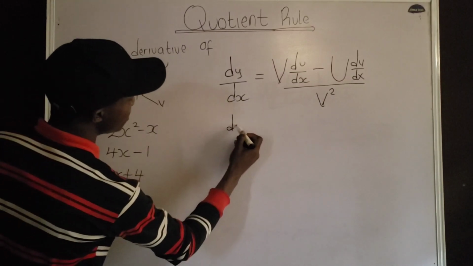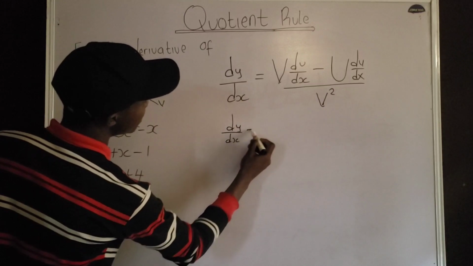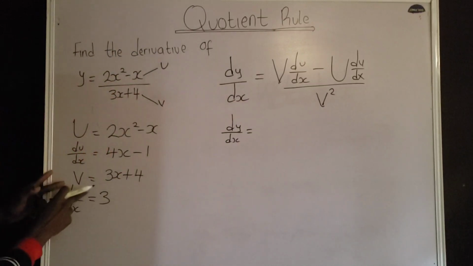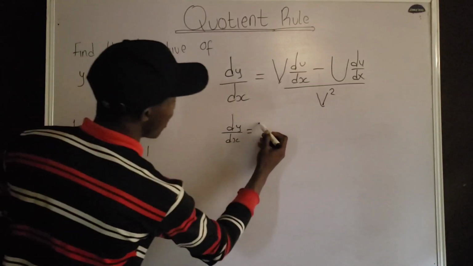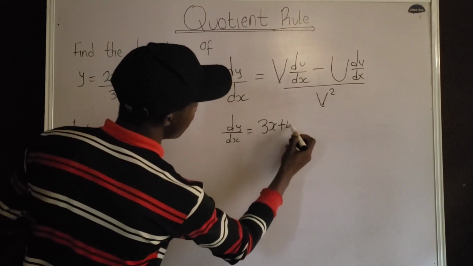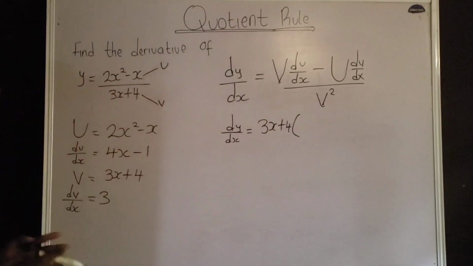So we can proceed. dy/dx is equal to, what is v? V is 3x plus 4. So I'm going to have 3x plus 4 multiplied by du/dx.